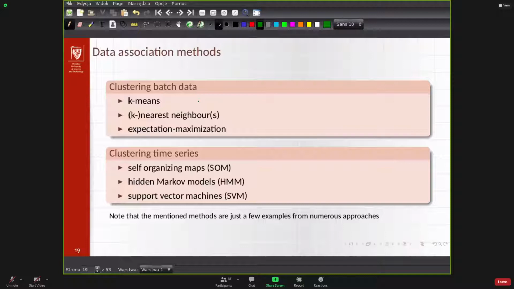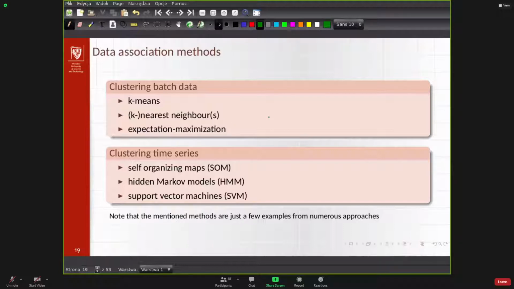And you can do just comparing a current sample, current image, to the images that you had before. K nearest neighbors means that, okay, you try to find, let's say, one nearest neighbor.